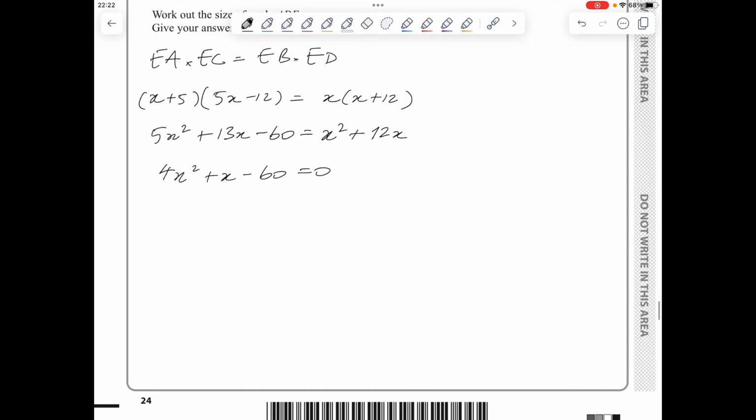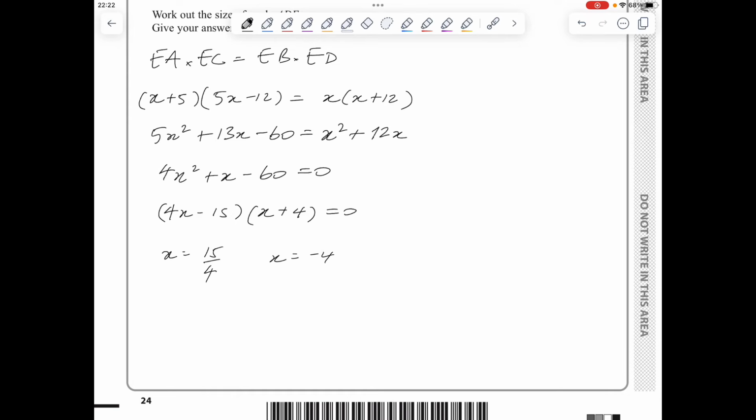You can solve this quadratic by factorization, completing the square, or using the quadratic formula. I will factorize and get 4x minus 15 times x plus 4 equals 0. So x is 15 over 4, or x is equal to minus 4.